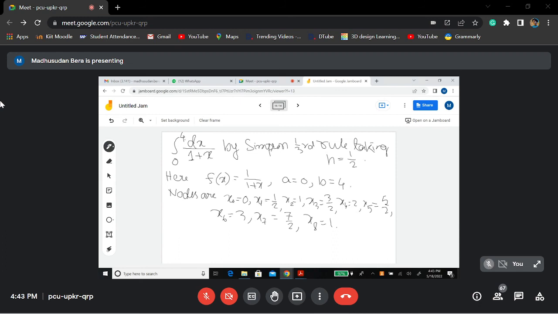So what is f0? Functional value at the point x0. F of 0 is 1. What is f1? F of x1, x1 is half. F of half is 1 by 1 plus half, 1 by 3 by 2, so 2 by 3. Is this okay?